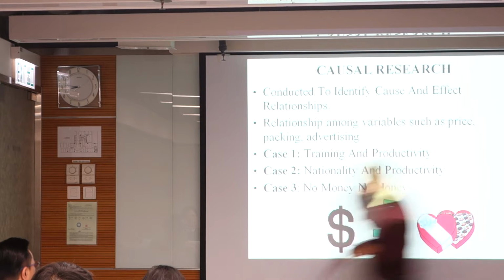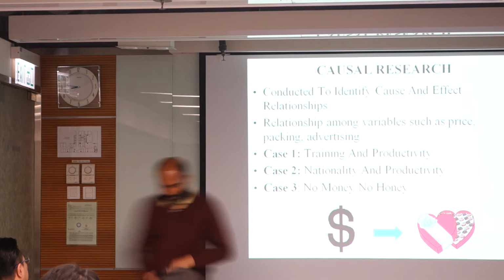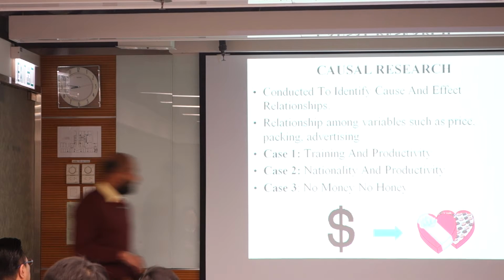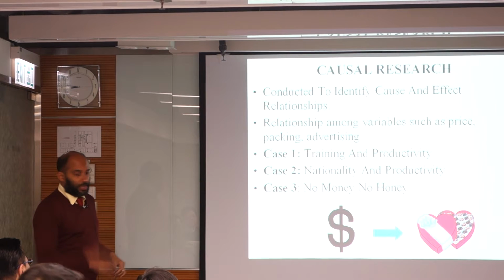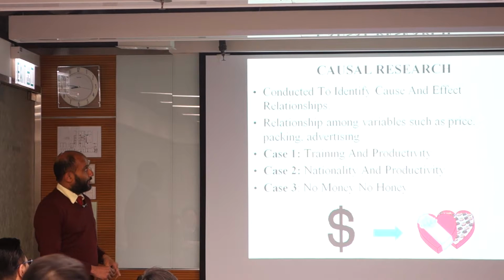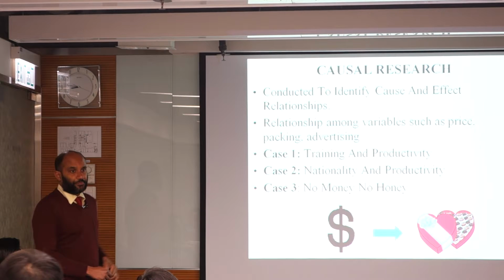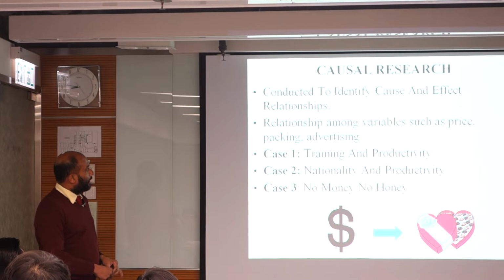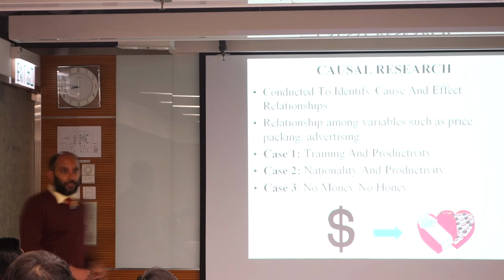Causal research. Now this is again a type of applied research, or it can actually be basic research as well, depending on how you design the research question. And it is quite a commonly used type, being used in most places.